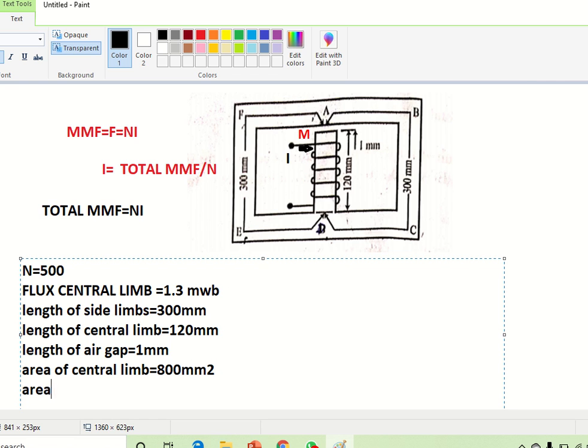Then area of side limbs, both are the same, 500 millimeter square. These are the data given.